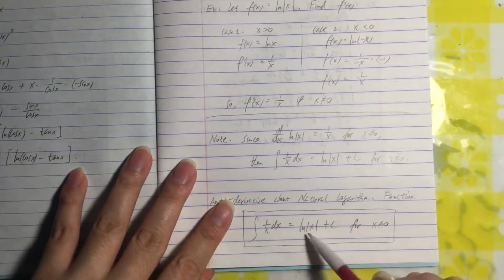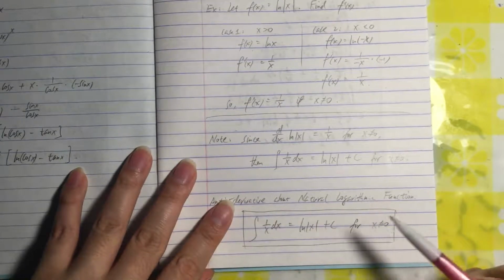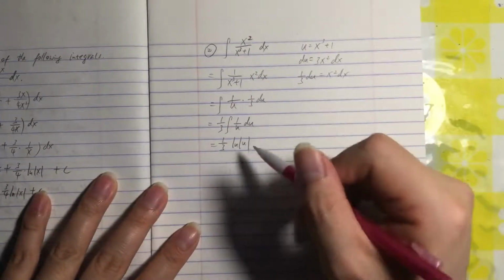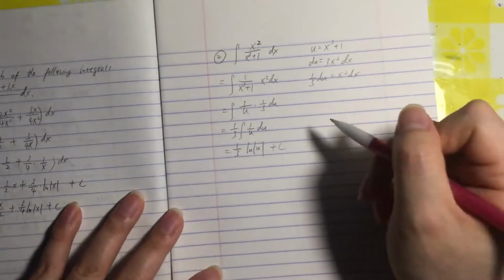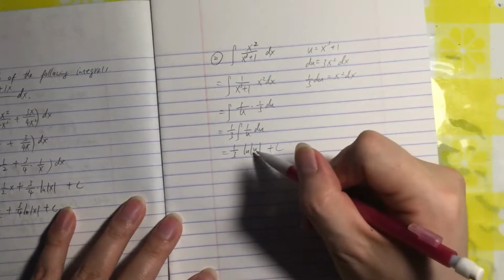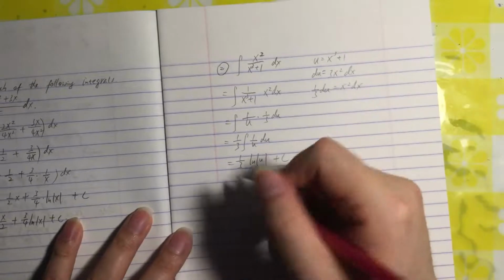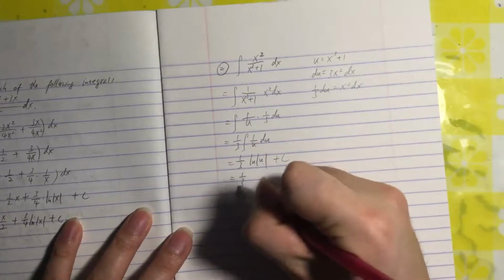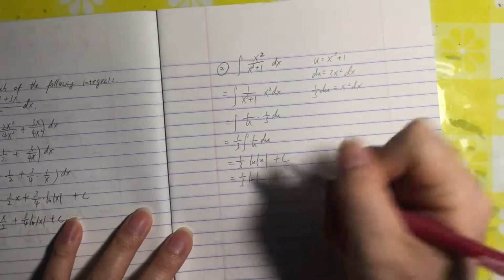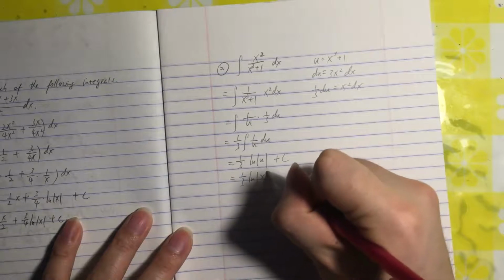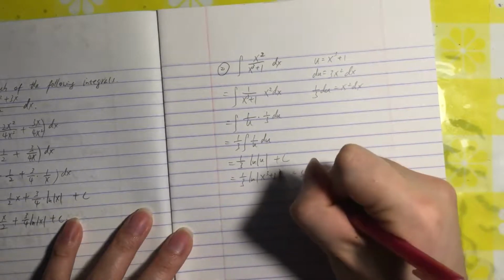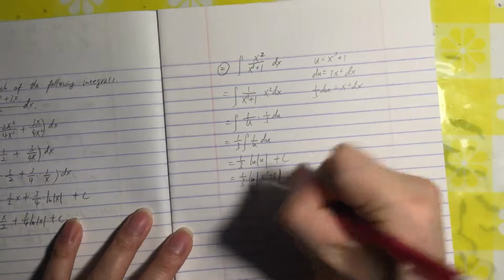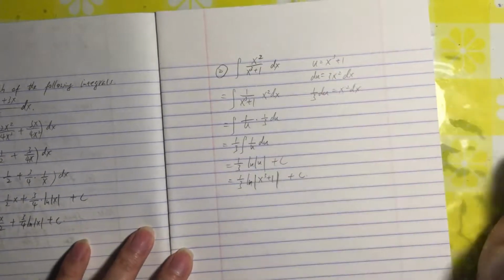The antiderivative is ln of absolute value of u plus c. And then for the final answer, replace u with x cubed plus 1. So the final answer is 1/3 ln of absolute value of x cubed plus 1 plus c. That's the antiderivative of this function.